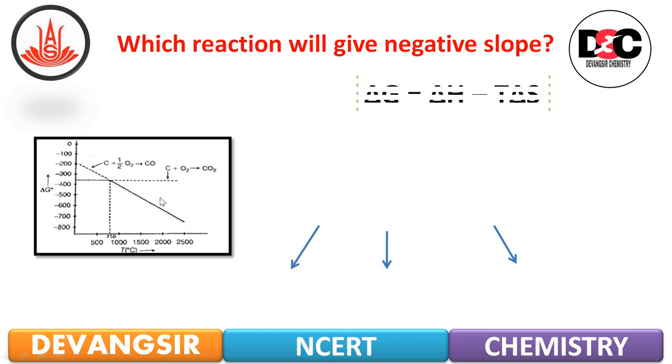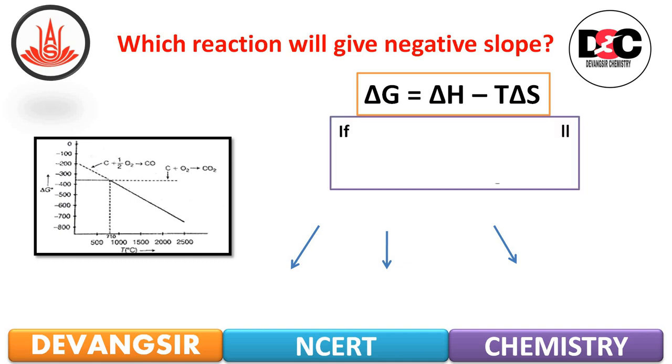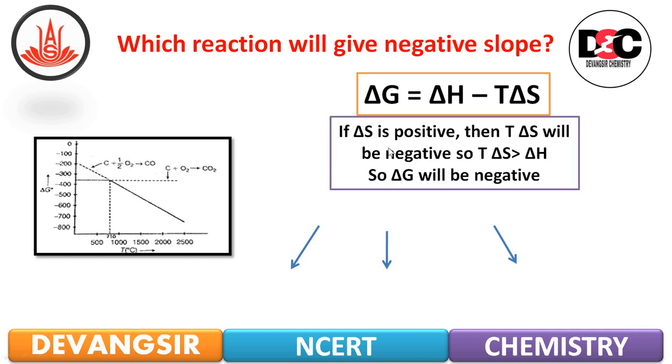We are aware of the formula delta G is equal to delta H minus T delta S. If delta S is positive, then T delta S will be larger compared to delta H, so delta G will be negative, and the reaction will take place by itself, towards the negative side.